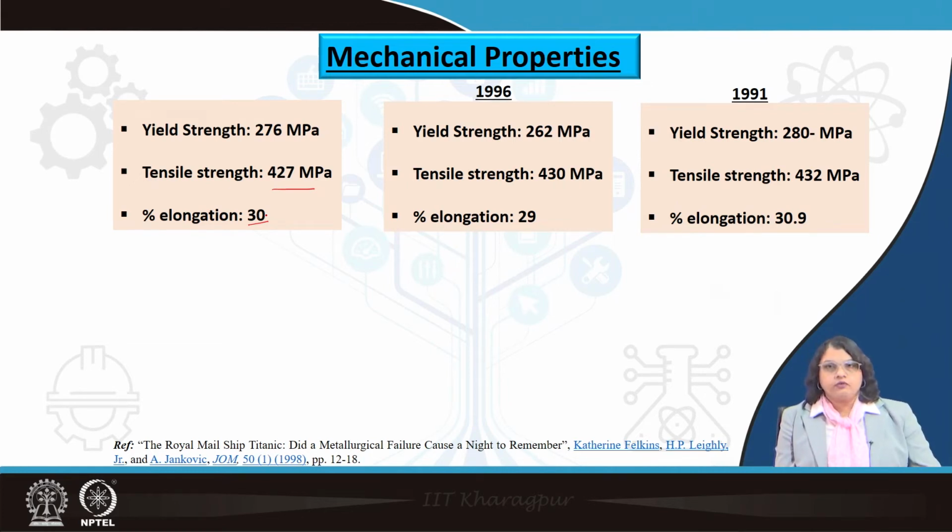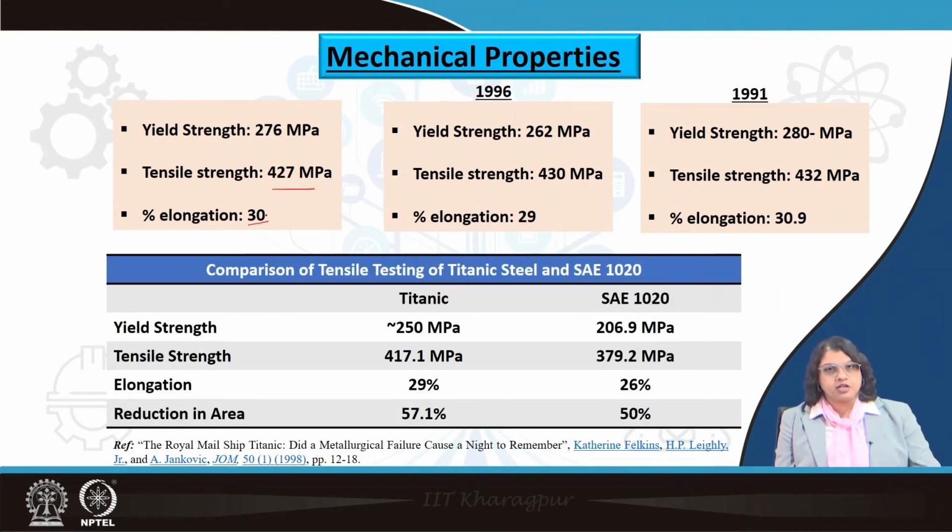Okay. So, when we have this number, what we next want to do is to compare it again with the modern day shipbuilding steel, and this has been done thoroughly, and what we can see is that it has a yield strength of around 250 MPa, which is actually higher than this SAE 1020 steel that is used these days.